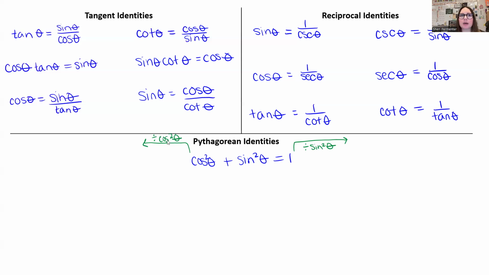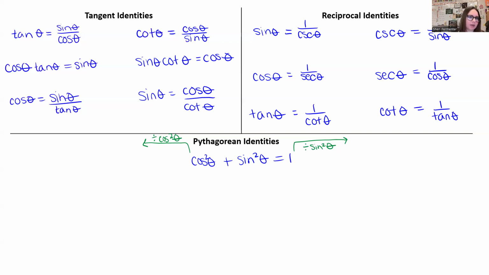Like I said, it doesn't matter if you put sine squared over here or cosine squared over there. Out one side, you need to divide by one function, and out the other side, you need to divide by the other. And you divide each little piece. So what's cosine squared divided by cosine squared? What's anything divided by itself? 1.